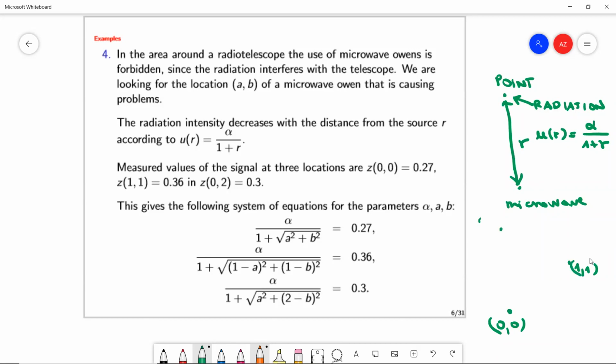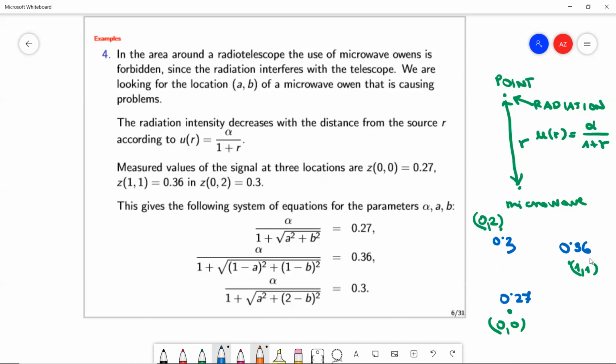Let's say we have this triangle, and we measured the signals at those positions and got 0.3 in this point, and then 0.27 in this point, and 0.36 at this point.